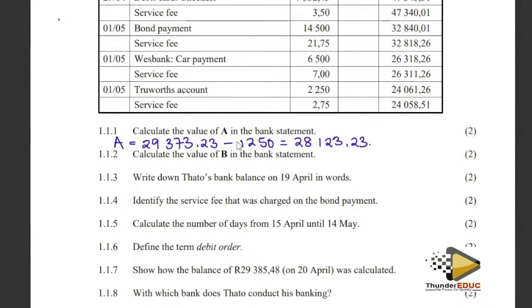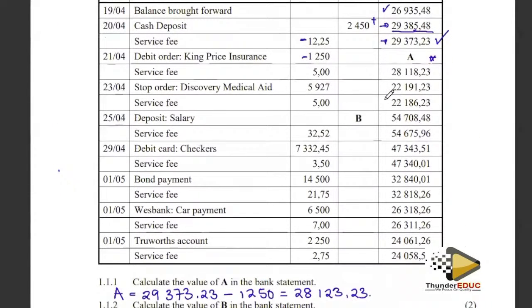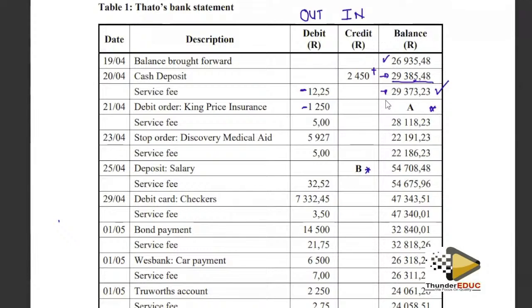Okay, the value of B. Let's go back to the next and you see value of B. Value of B is under credit. So that means this number here, we add on the B to get this. Why am I adding? Because B is under credit.